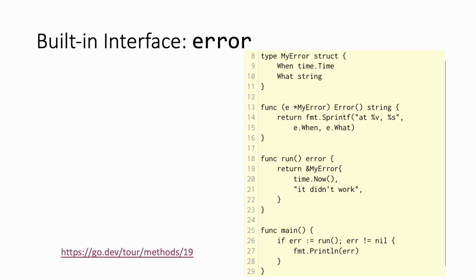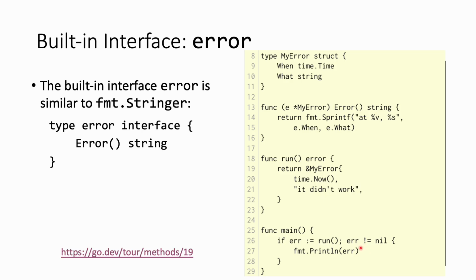Now I'd like to show another popular built-in interface, which is error. The interface error serves as the standard for handling and representing exceptions in Go. Functions in Go often return an error value, such as function run in this example, where a nil error indicates success and a non-nil error denotes a failure.